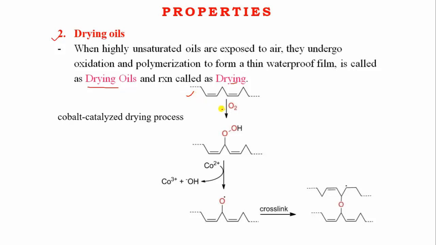Fats, in the presence of oxygen, are converted into a peroxy hydroxy group. Cobalt is oxidized to cobalt 3 plus and an oxygen free radical. By cross-linking, it forms an ether dimer.